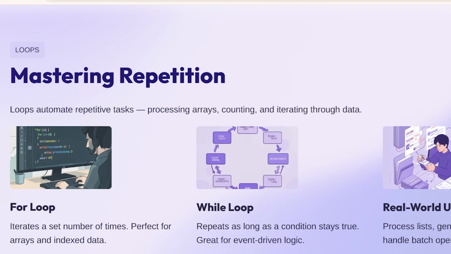Loops save time, reduce code and make the program much more efficient. Like if you write one function and you cannot get the answer, the function will be automatically repeated. If you get the answer, the function will stop. Okay, so this is the loop concept.